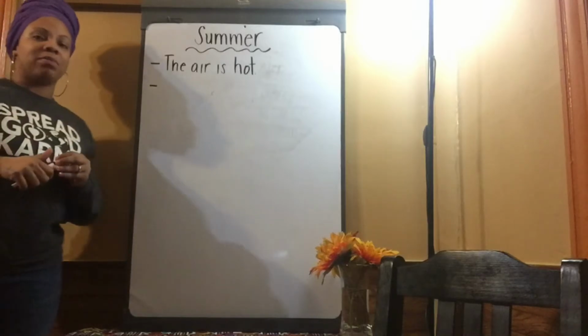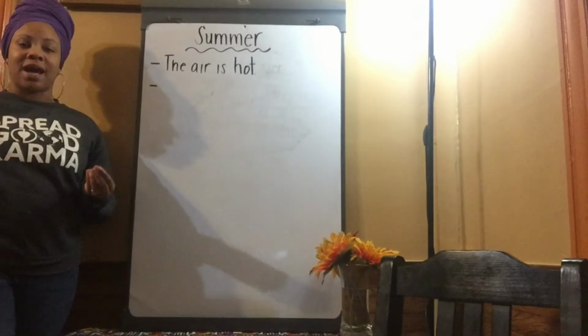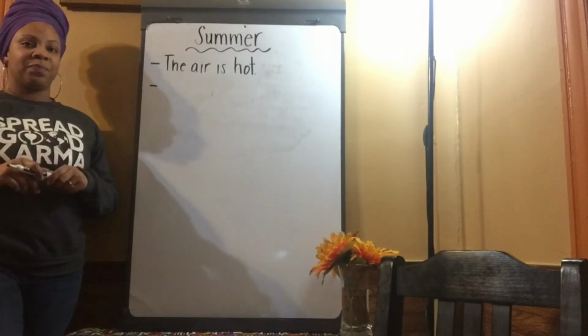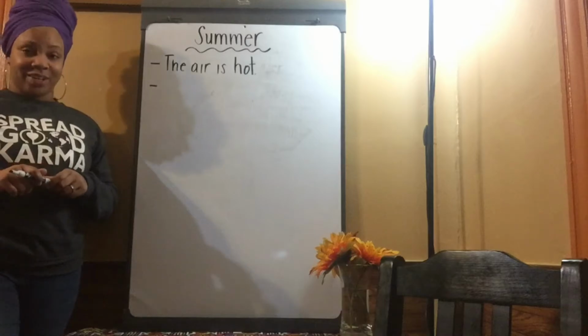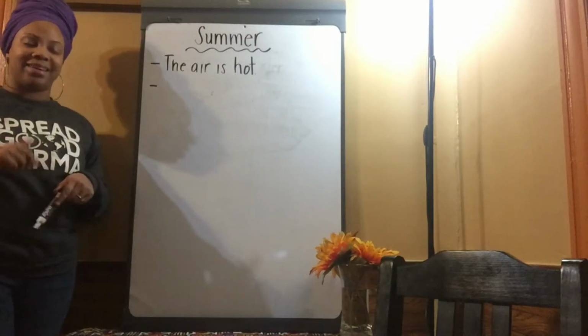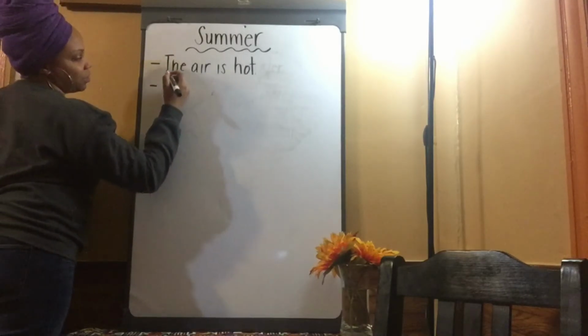What do we know about summer in relation to time? What do we know about the hours of the day in summer? Sister Riley? Very good, Riley. In summer, we have more hours of daylight than any other season. Let's write that on our graphic organizer.